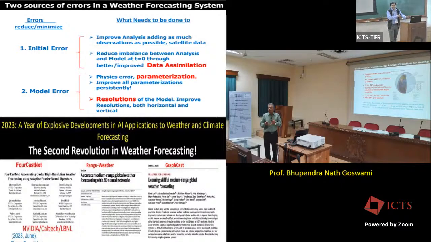So of course, Professor Goswami has built his entire, extremely illustrious career developing various physics-based weather forecasting systems. But right now he recognizes the potential of AI in bridging various loopholes which are present in the weather forecasting systems currently in use.